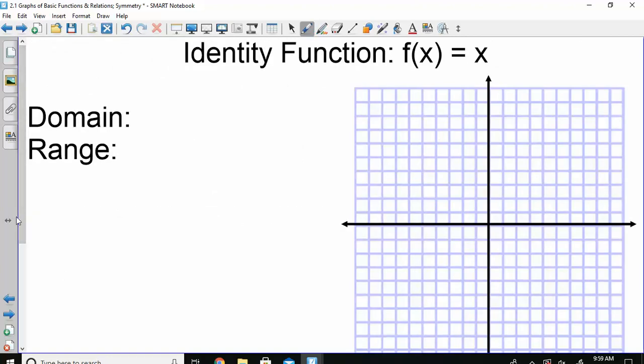So here is our first one, the identity, f of x equals x. If I asked you to graph this, what is it going to look like? Yeah, it's just like y equals x, that's a line, isn't it? We just got done taking a test over that, we know how to graph a line. The y-intercept is?